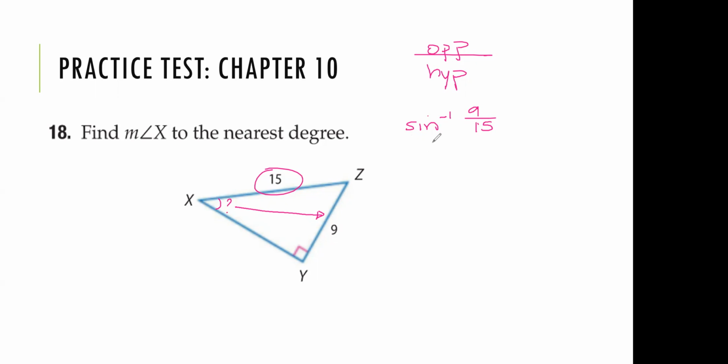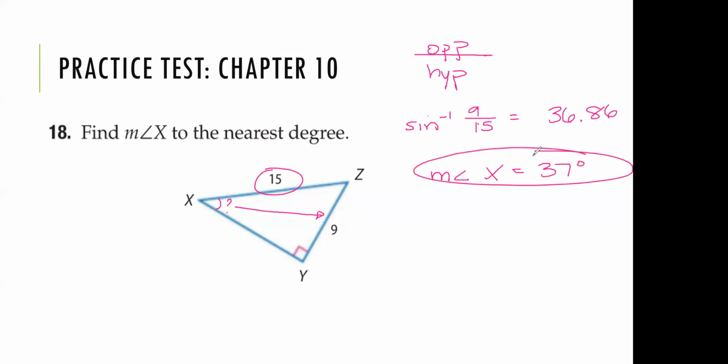It's a free scientific calculator online, and you plug in the inverse sine, okay, and you put 9 over 15 in parentheses, and you end up getting 36 and 86 hundredths, and you round that to the nearest degree, and you end up getting 37 degrees.